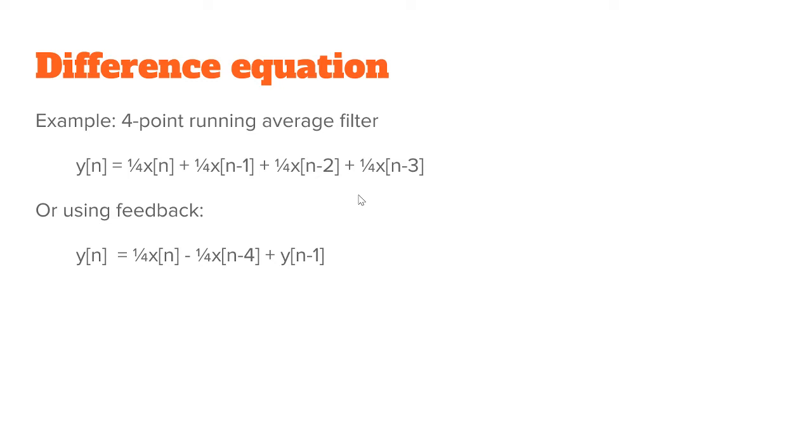In this case, it's a 4-point running average filter. We have only one calculation less here, but think about 100 points, where you would have 99 additions compared to this formula, which is still the same.